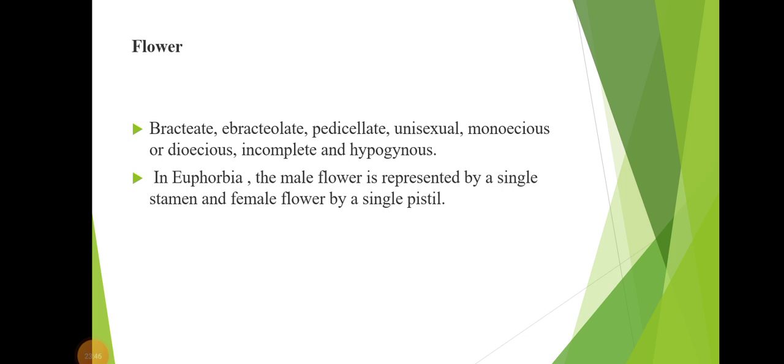If you see the flower: bracteate, ebracteolate, pedicellate, and unisexual, monoecious or dioecious, complete or incomplete, and hypogynous. In Euphorbia, the male flower is represented by a single stamen and the female flower by a single pistil.